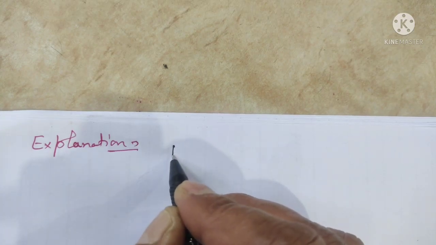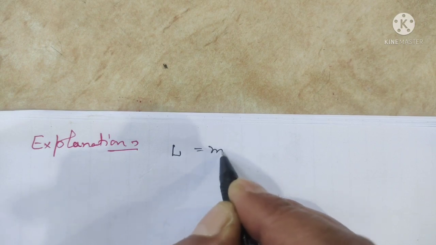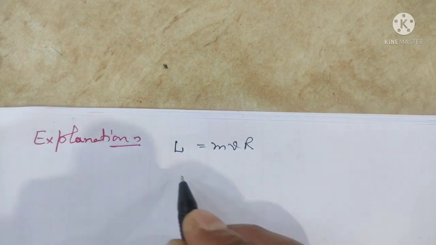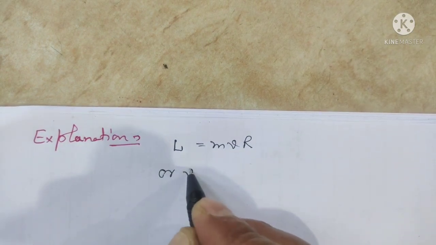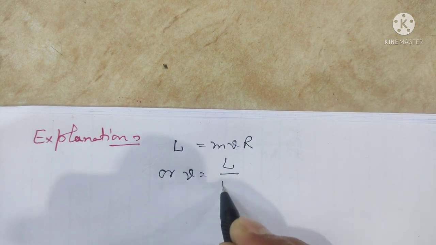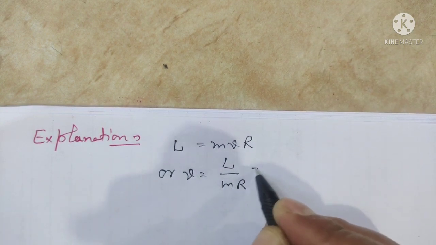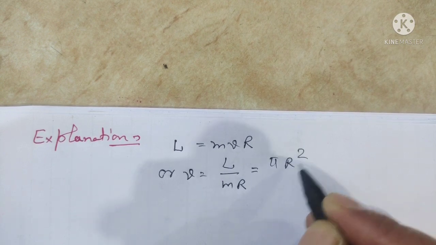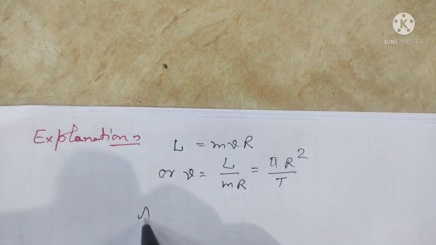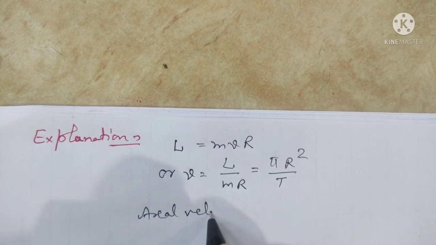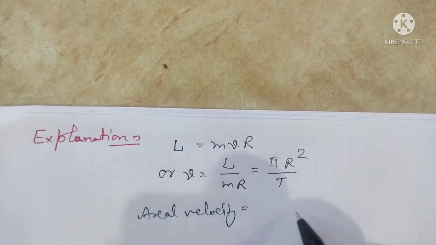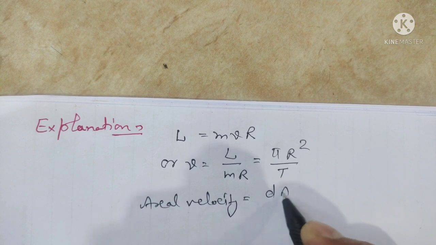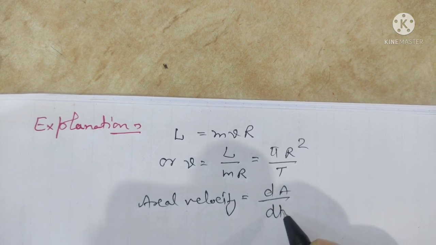Explanation. We know that angular momentum equal to mvr. Rearranging this equation, we get v is equal to L over mr, and this is equal to pi r square over T. Areal velocity equal to dA by dt.